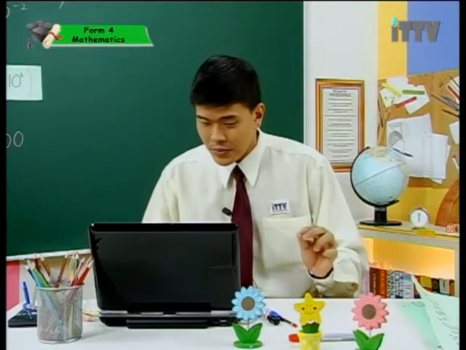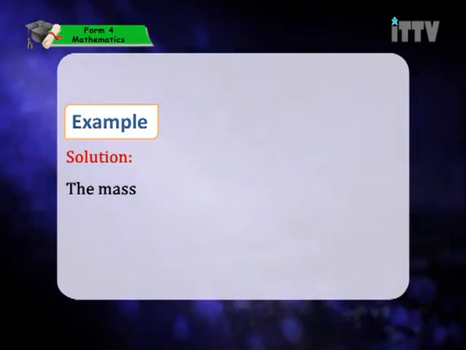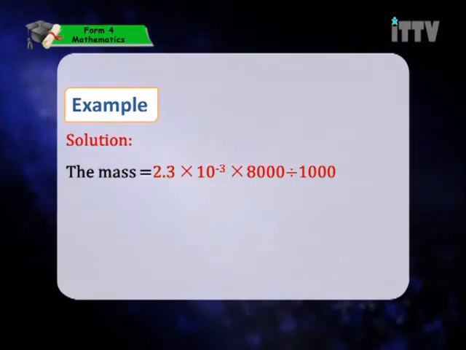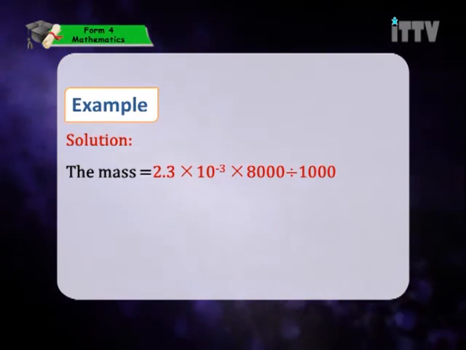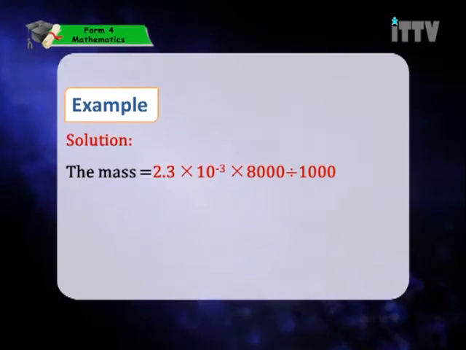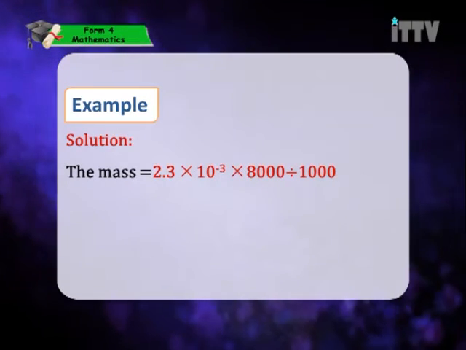The mass of 1 minute particle. How heavy is it? 2.3 times 10 to the power of minus 3 grams. Now, what is the mass of 8,000 such particles in kilograms? So let's take a look at the solution. The mass is 2.3 times 10 to the power of minus 3 grams times 8,000 for 8,000 such particles, and then divided by 1,000, because 1 kilogram is 1,000 grams.